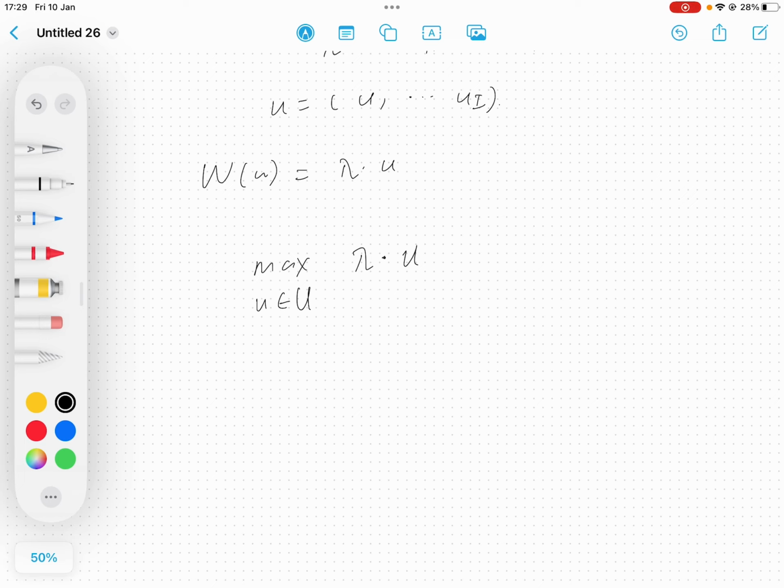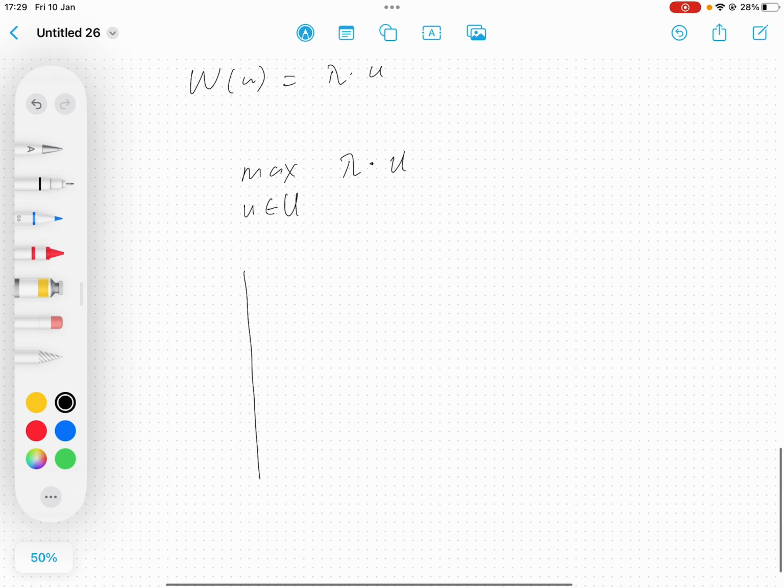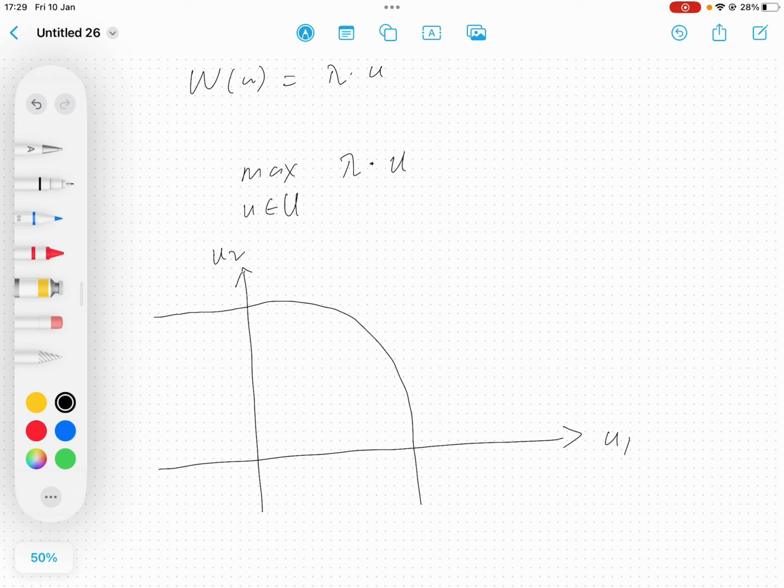So that'll be maximizing a linear social welfare function. Intuitively, for example, in the figure where we have this U1 and U2, as before, we have this set of U below this curve. Essentially we're just shifting a straight line and trying to find that solution.